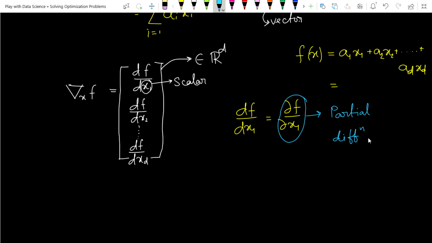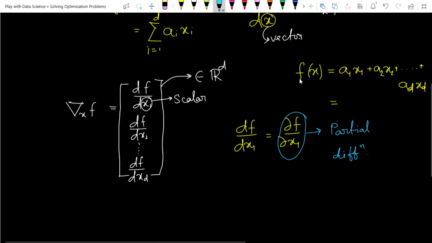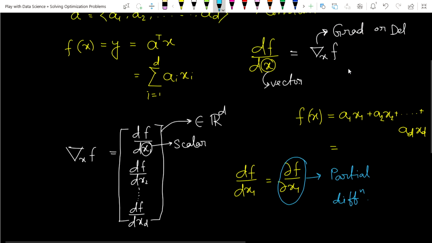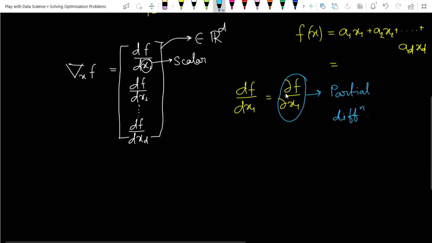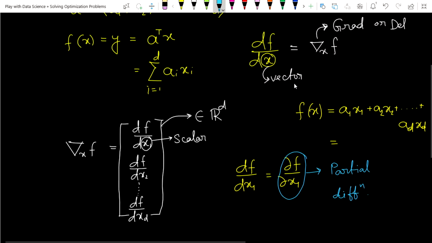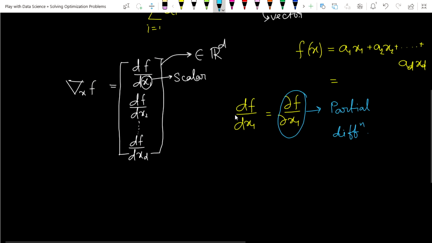Don't be confused by the terminology, just try to understand the meaning of these symbols, the grad symbol or del symbol, capital del and small del. The small del symbol means we are using partial differentiation.